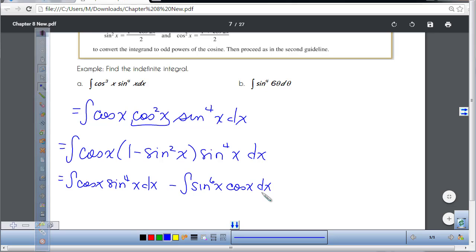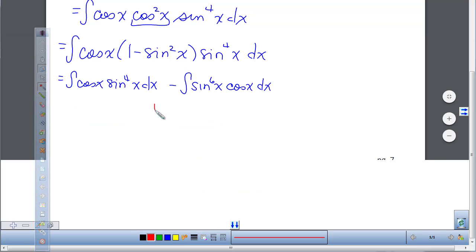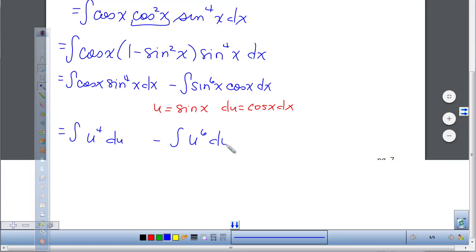Cosine x dx, right? That's true for both of them. If we say u is equal to sine x, then du equals cosine x dx. We don't even really have to write out all the steps for the substitution, but should I? Yes, okay. So then this would be the integral of u to the fourth, cosine x dx is my du, minus the integral of u to the sixth du.